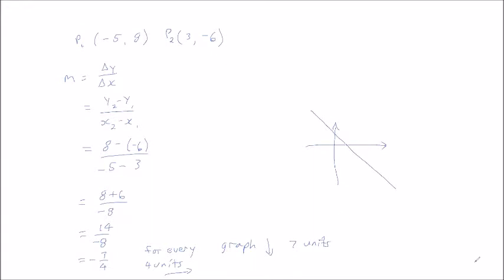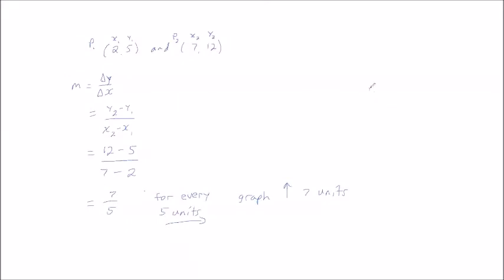Meanwhile, the other graph over here, if I were to quickly draw this as a quick sketch, for every 5 units I go to the right, the graph is going up 7 units, so it'll be in that sort of form. I don't know what the y-intercept is, I'm just guessing, just drawing a line that could represent that slope.